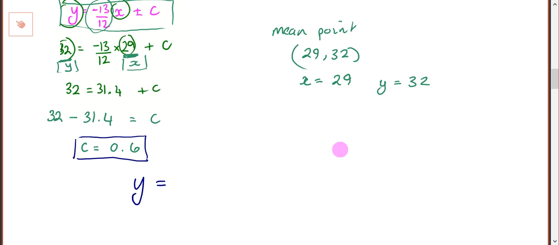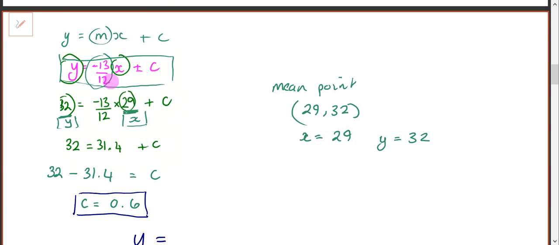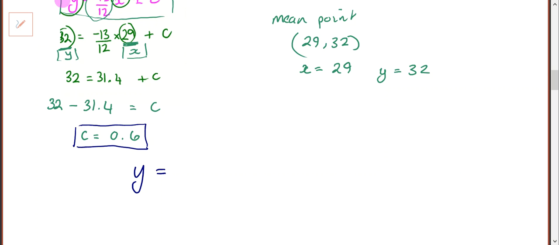It wasn't, no. Almost. Negative 13 over 12. Good, we have to go back to that point. Negative 13 over 12. That gets multiplied by the x, and then the plus 0.6 is the final.